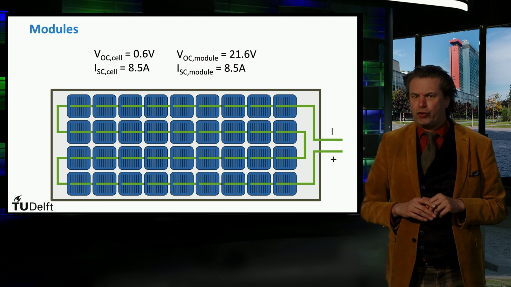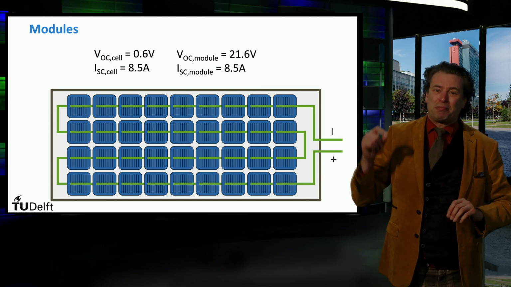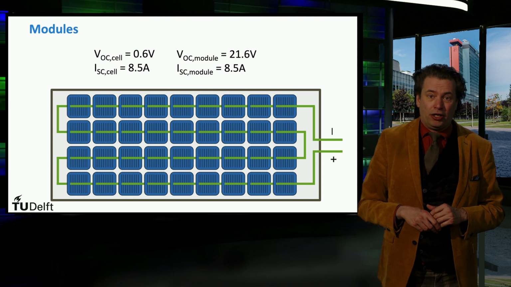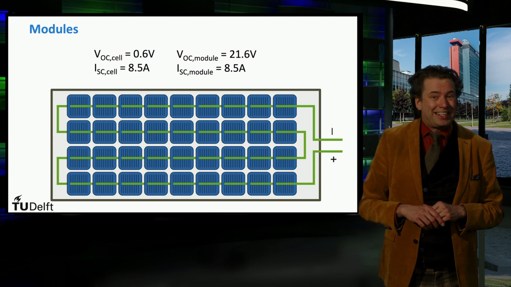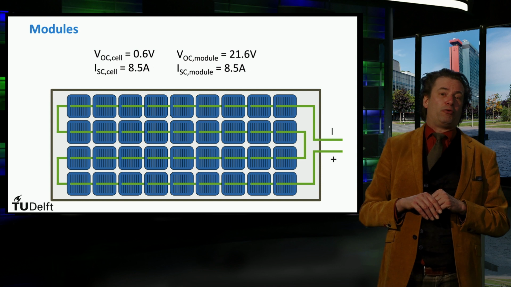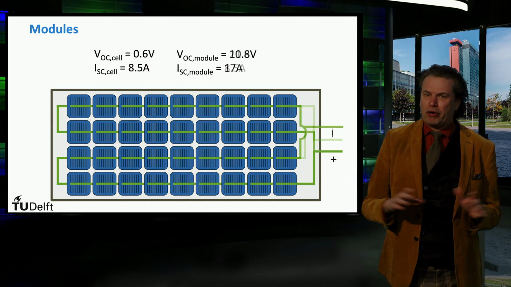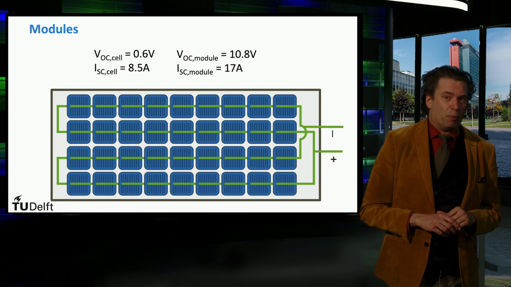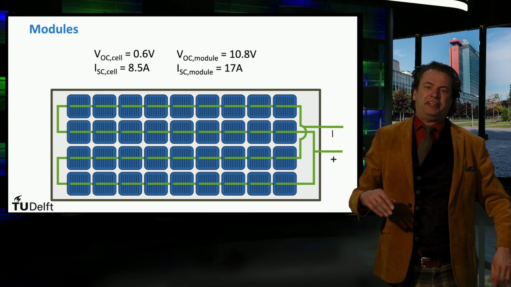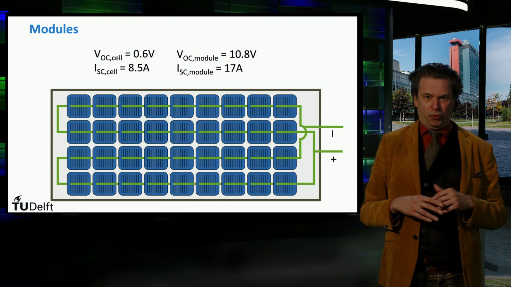The open circuit voltage would be 36 times that of a single junction solar cell, which equals 21.6 volt.